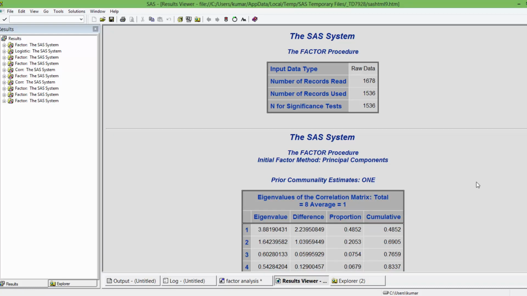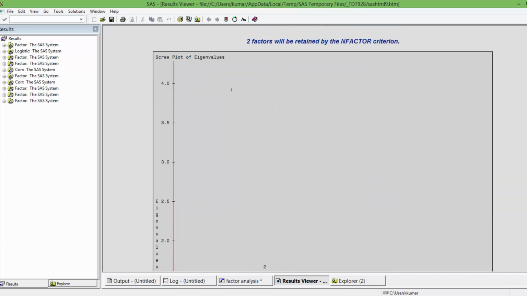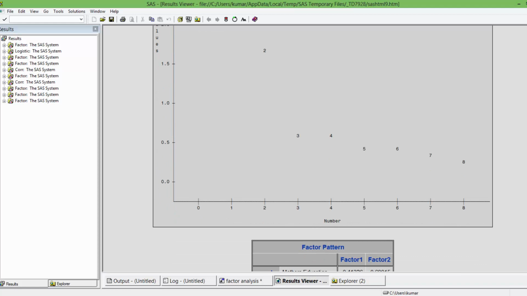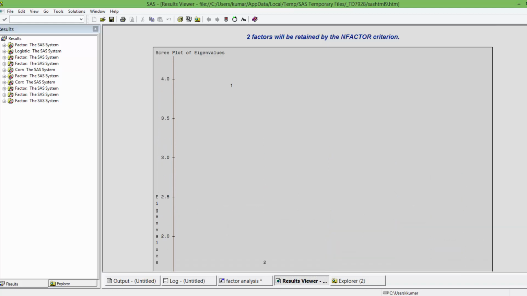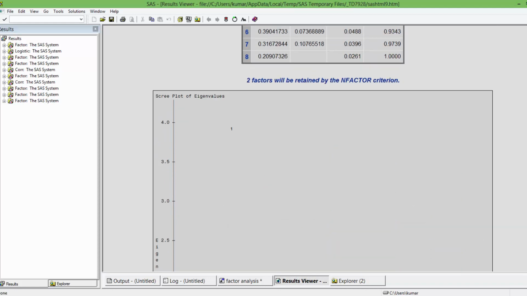Well, what is a scree plot? It's nothing but a plot of the eigenvalues, and this particular plot is used to find out the number of factors that should be retained. SAS suggests that we should be using 2 factors, but we are not sure of it, because it's an algorithm at the end of the day. How do we select the number of factors to be retained?